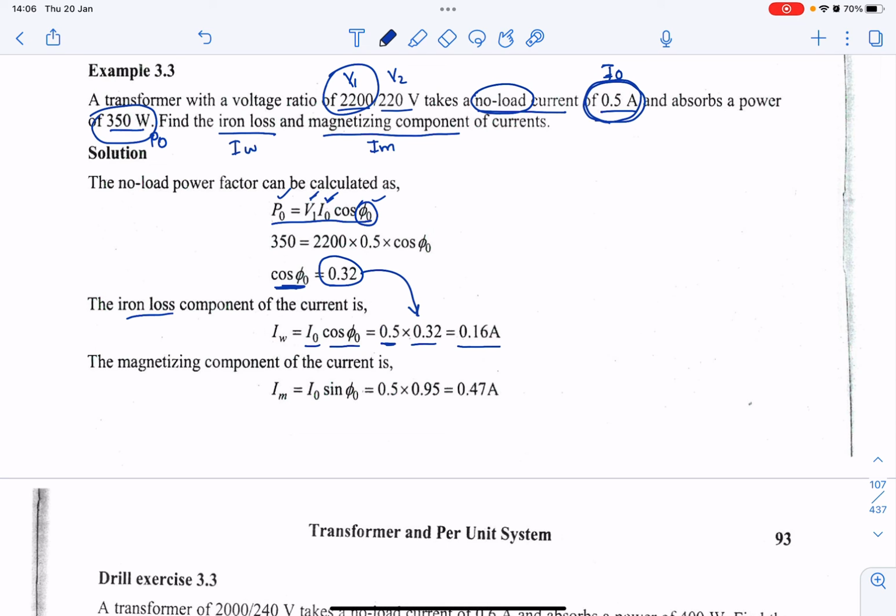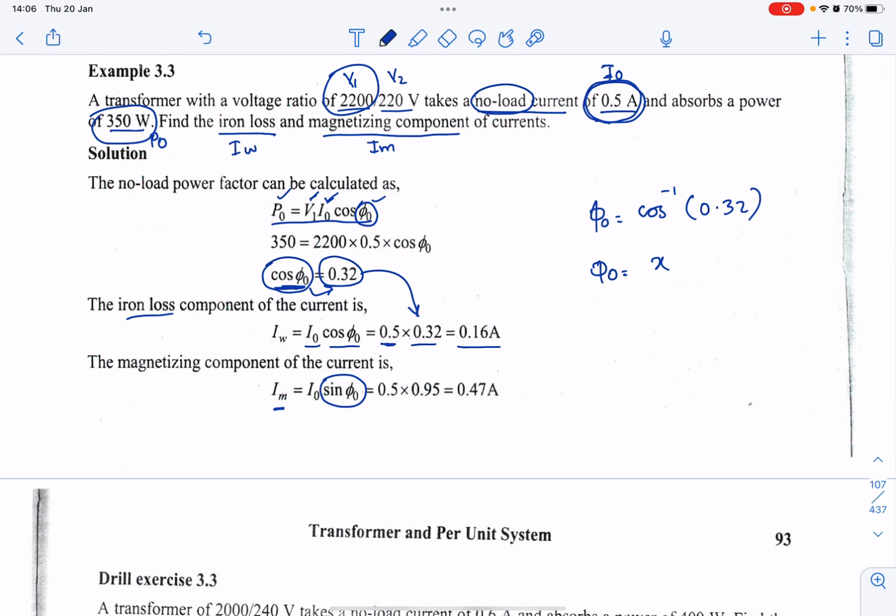Then in order to calculate the magnetizing current, you require sin phi naught. But from this equation, cos phi naught is equal to 0.32. So phi naught is equal to cos inverse 0.32. So you can get an angle here.